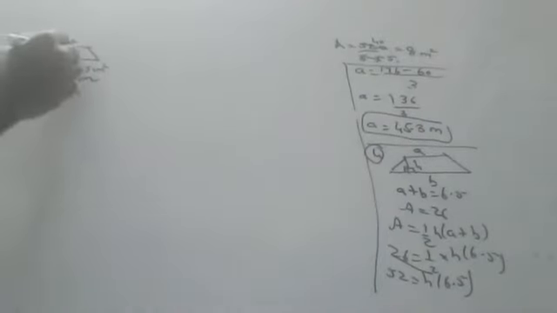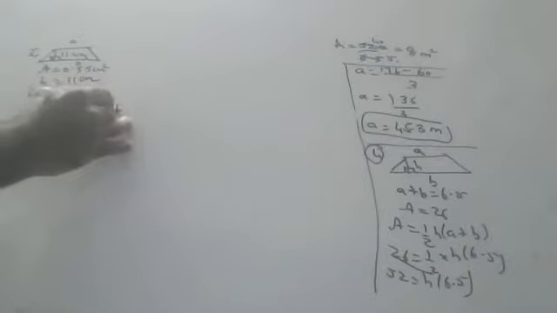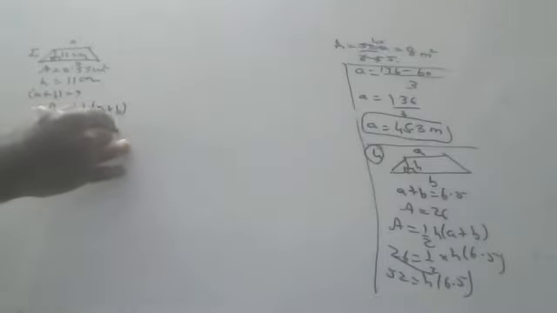Okay, height is given as 11 centimeters. Children, he wants a plus b directly. So area is equal to half h into a plus b. Okay, Harsha, tell me the substitution. 0.55 is equal to half 11 a plus b, sir.